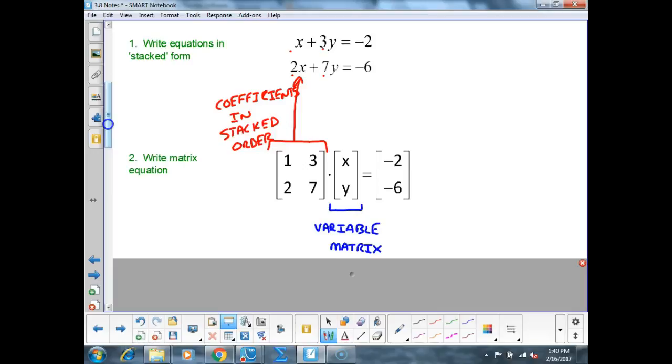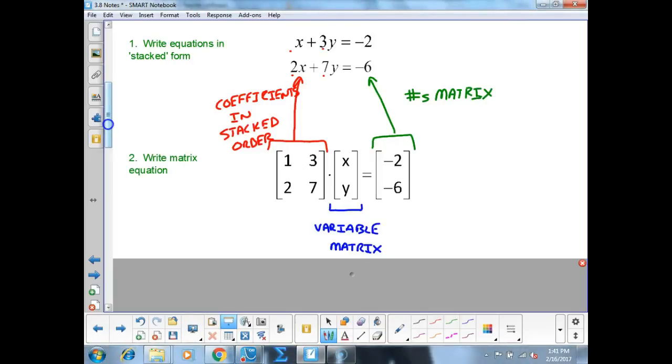Then I write equals, and then that's going to equal what I call the numbers matrix. Everybody with me so far?